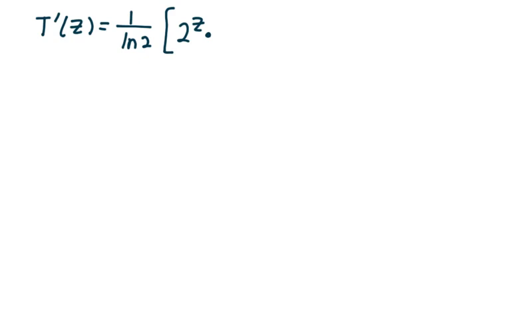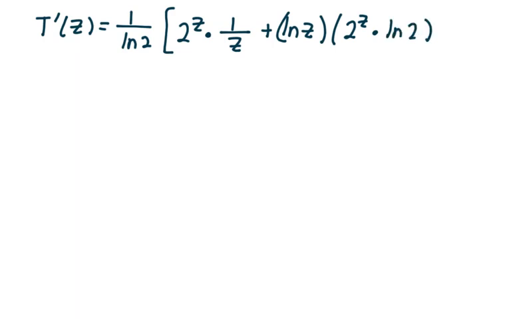The derivative of natural log of z is 1 over z. And then I'm going to add natural log of z times the derivative of 2 to the z, and 2 to the z is the first function. So we're going to differentiate 2 to the z with respect to z, which is 2 to the z times natural log of 2, like so.